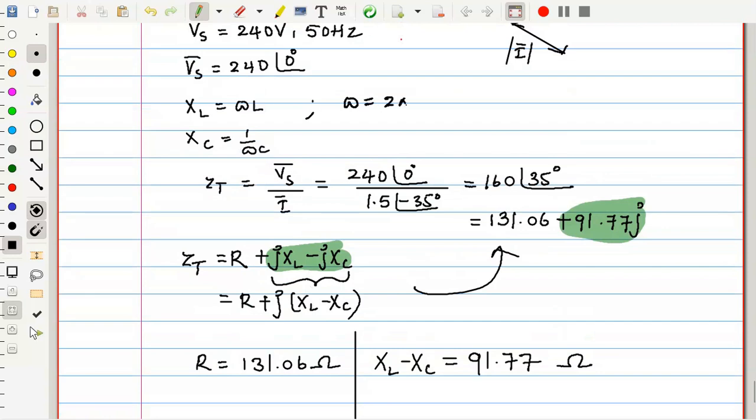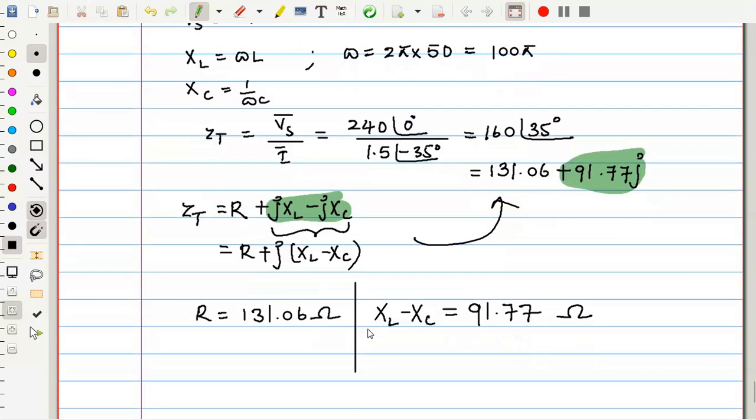Omega is equal to 2 pi times the frequency. How much is the frequency? 50. So 2 pi into 50 is 100 pi. Let me put 100 pi instead of decimals that may give little inaccurate answers. So now I will put those things here.